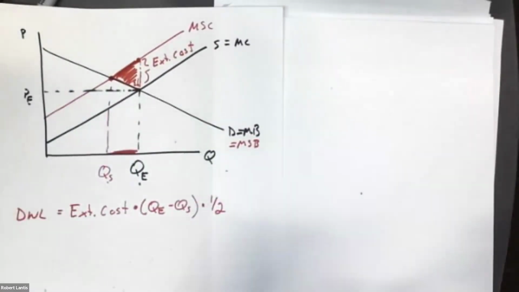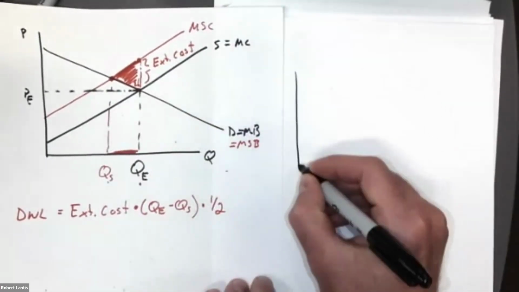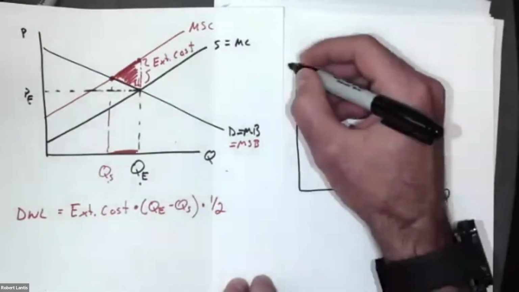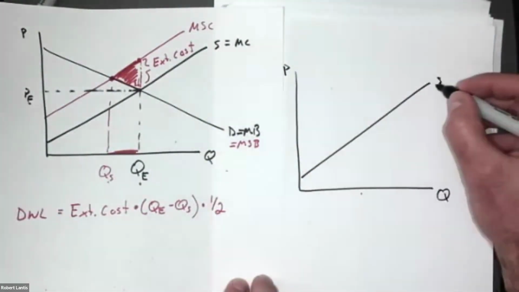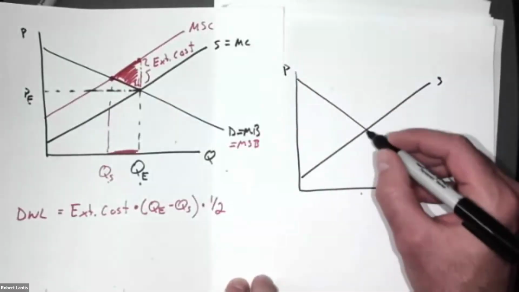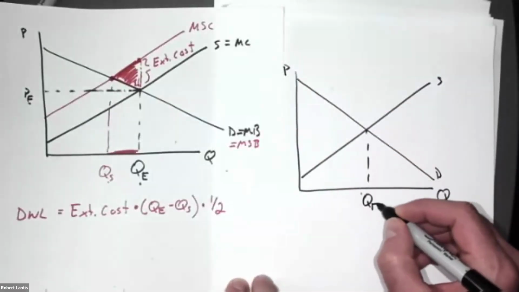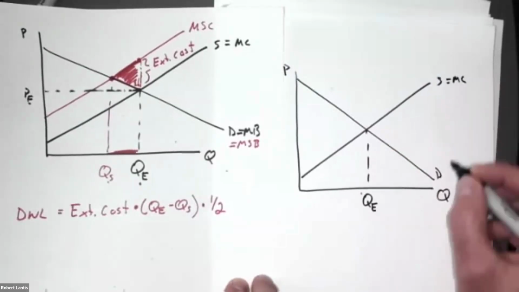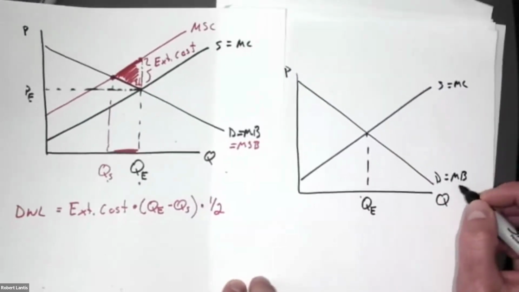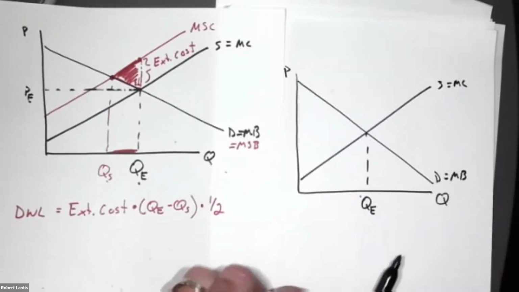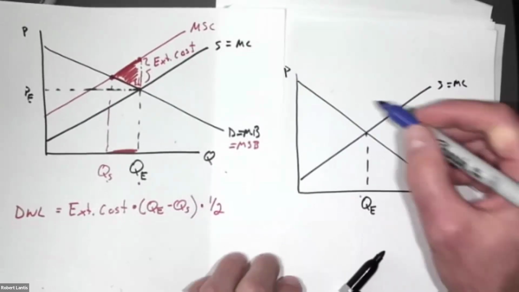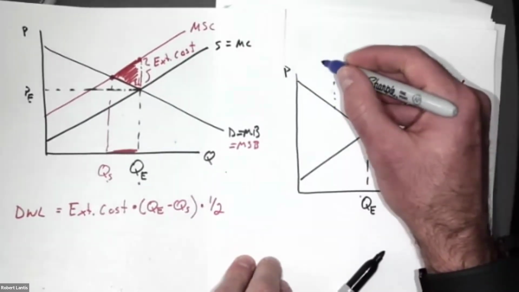but for positive externalities as well. So what will deadweight loss always be for positive externalities? So if I've got my supply curve, demand curve, equilibrium quantity, marginal cost, marginal benefits. Well, with a positive externality, we said at every quantity, there's an additional benefit.